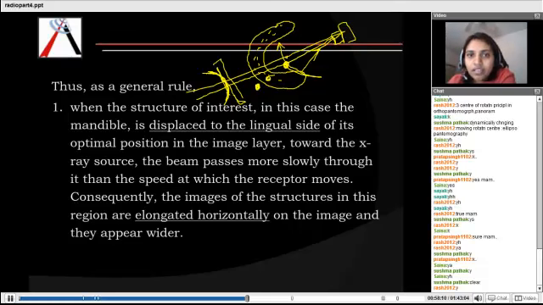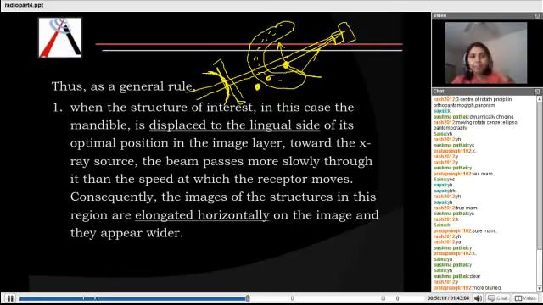Since if we go closer to the X-ray source, it will come closer to the arc, and the X-ray will sweep through it slowly. If something comes closer, the X-ray will sweep through it slowly.